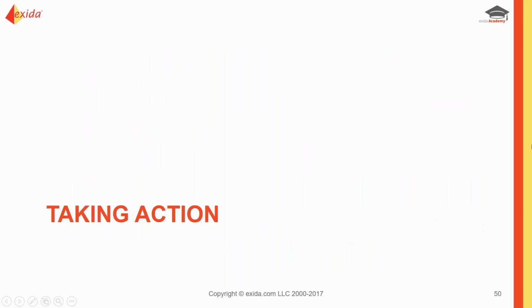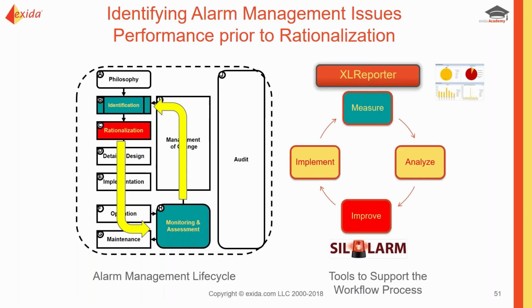So then after we have all this data, we need to do something with it. So we're not going to leave this webinar until we talk about some of the things that you should do, the actions that you should take when you've identified alarm management issues. So hopefully part of what you're seeing is that having a tool to do alarm system performance measurement and a tool to do alarm rationalization really sets you up for effective continuous improvement.